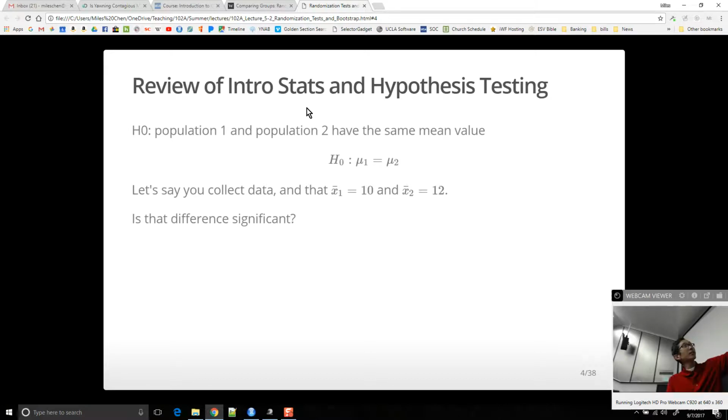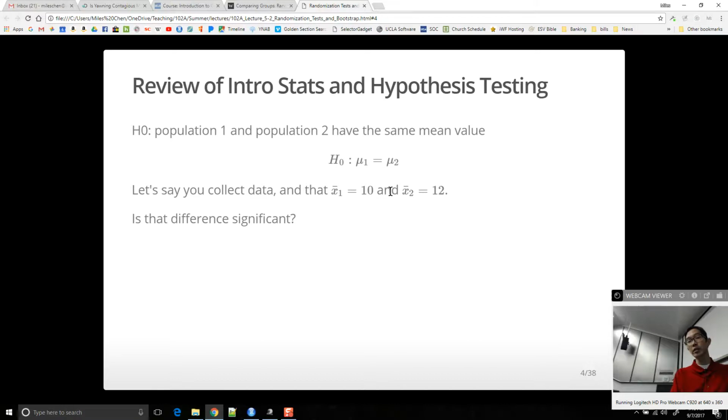In a hypothesis test, in a t-test, we would say something like the null hypothesis is that the mean of population 1 and the mean of population 2 are equal. If we collect random data, we could get a random sample from population 1, sample 1, and sample 2, and we might get that the mean of sample 1 is 10 and the mean of sample 2 is 12.